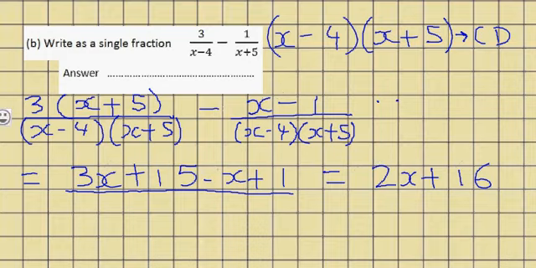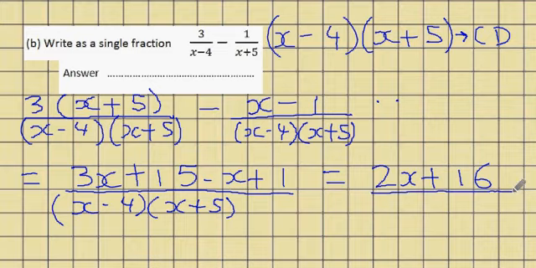I've worked out the top part of my fraction. It's going to be 2x plus 16. The bottom part is going to be the common denominator, x minus 4 times x plus 5. So my final answer, I suppose I better write it out so you can see what it is. x minus 4, x plus 5. I just put the two fractions together, I combined them, which is how you work out adding and subtracting fractions.